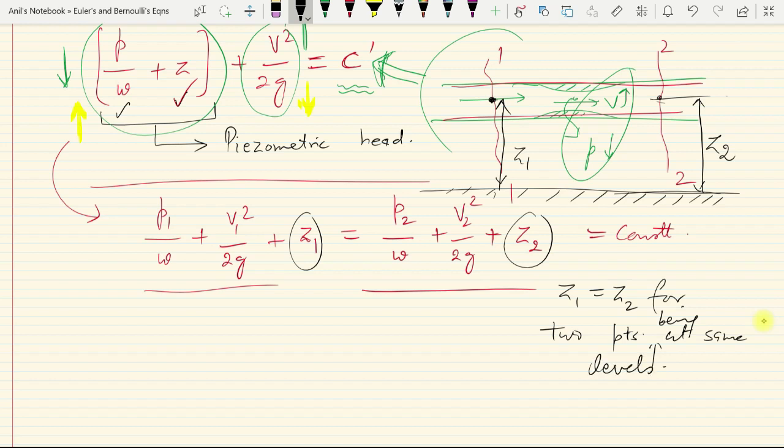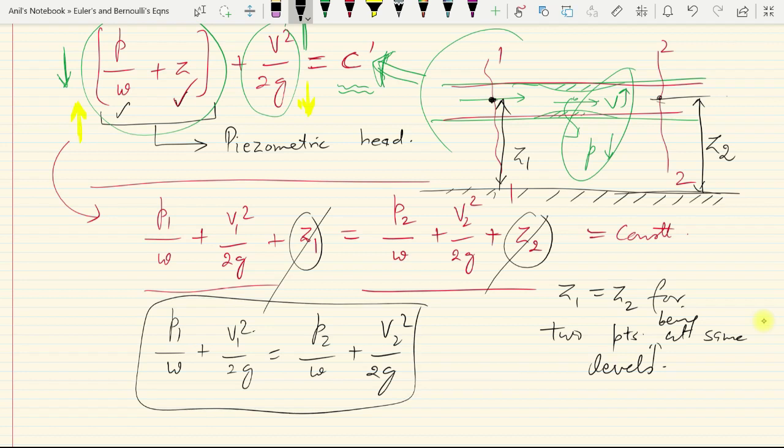So therefore these can be struck off and we can get a simpler expression: P1 by W plus V1 square by 2g is equal to P2 by W plus V2 square by 2g. V1 and V2 are velocity of flow at section 1 and section 2 respectively.